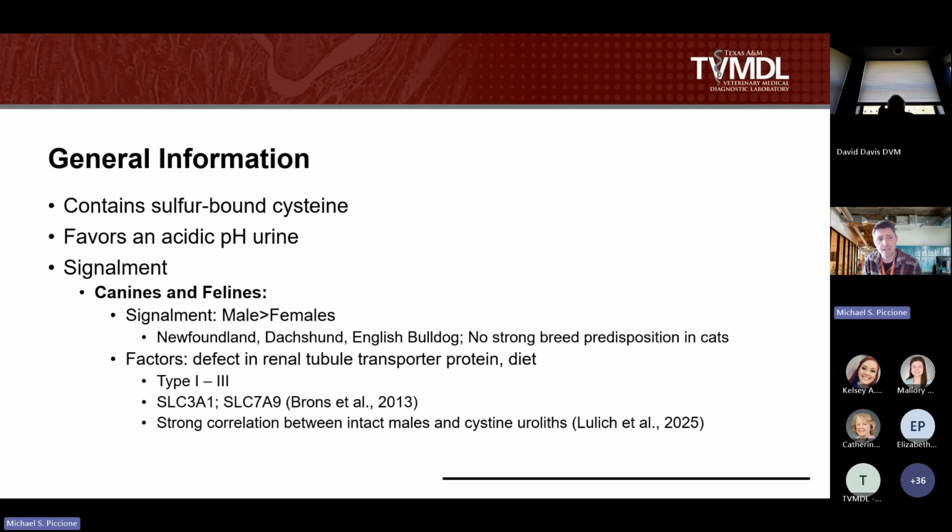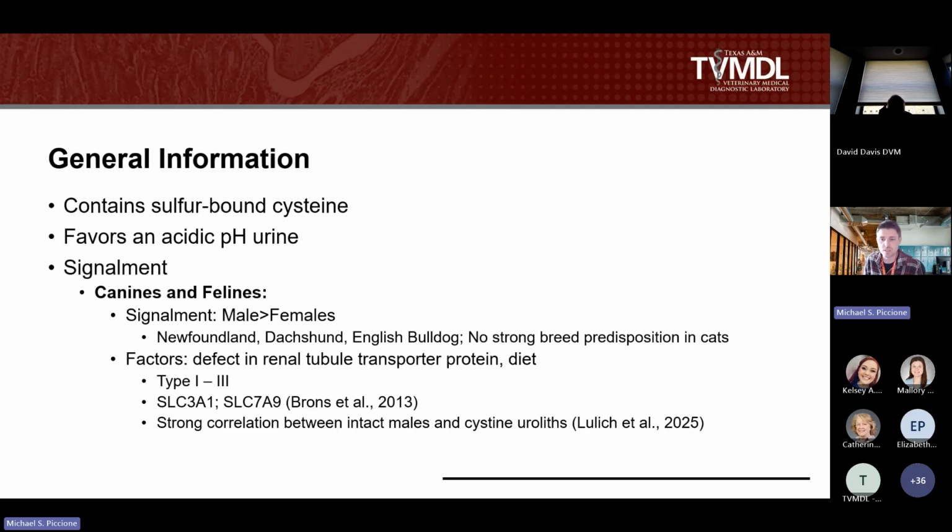What I do like to highlight here about cystine uroliths is a particular defect in the renal tubular transporter protein. And so the question really is, what is going on with these particular patients? Why are they predisposed to cystine uroliths? Well, essentially, there is a defect in a few genes. One is called SLC3A1, and another is called SLC7A9.